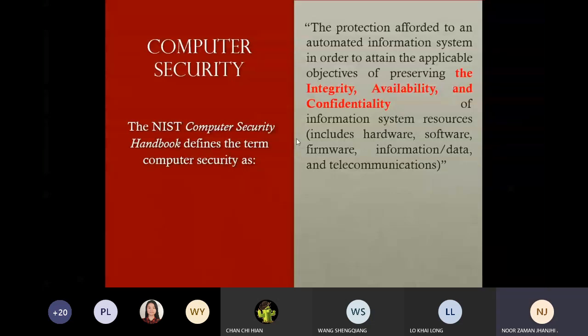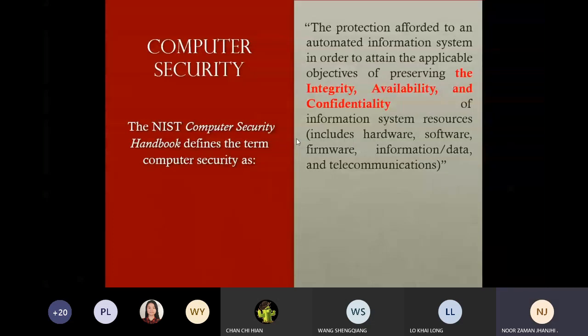But CIA is the base of the security concept. Then we can extend it. Sometimes we say CIAA, sometimes CIAAA, sometimes CIA, A, and P, and so on. So we are extending it with the need at the time.